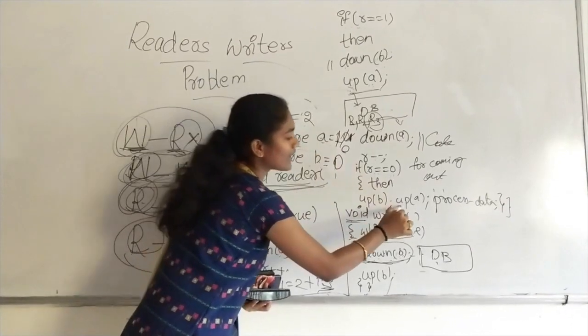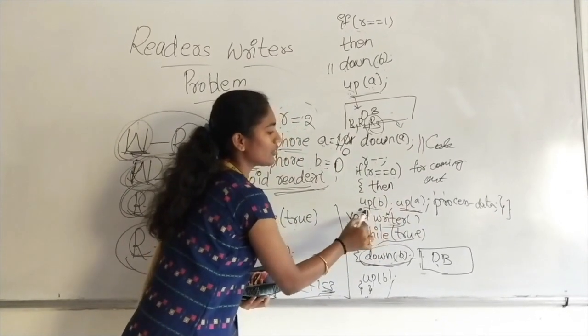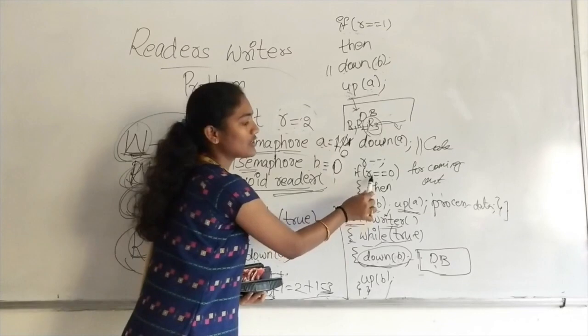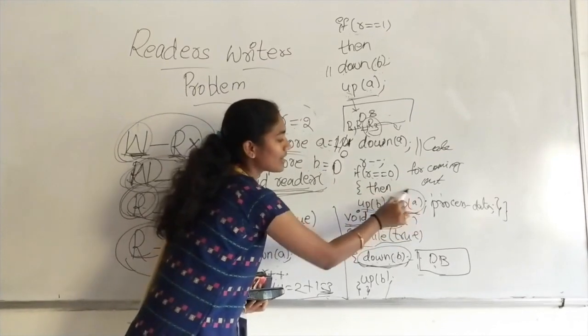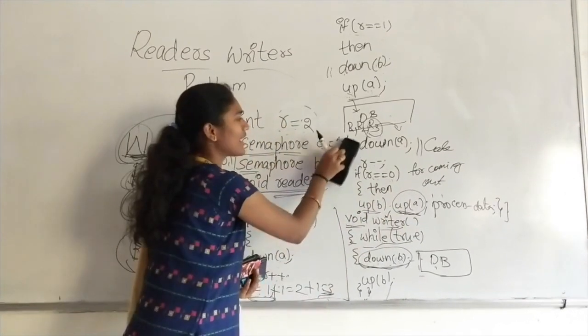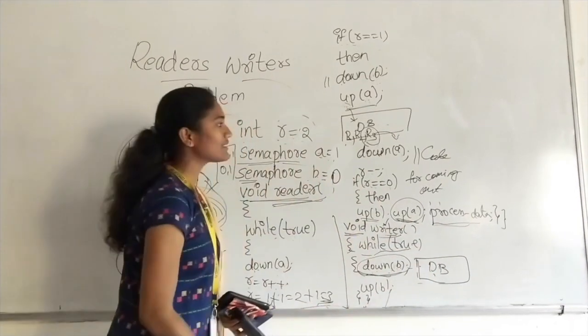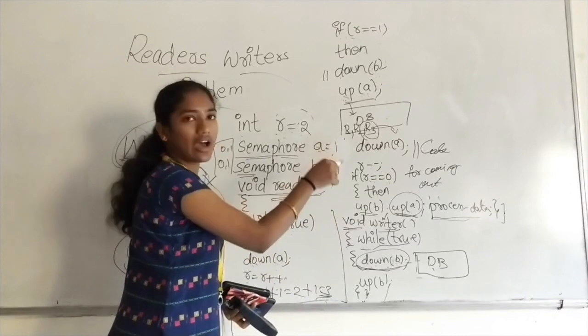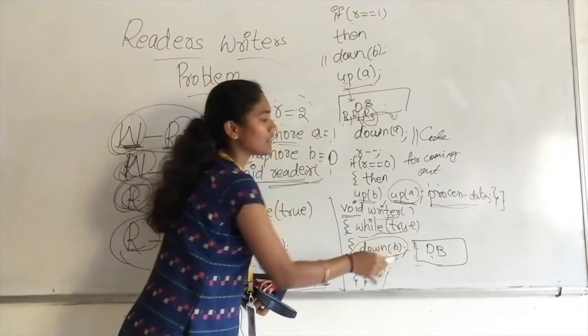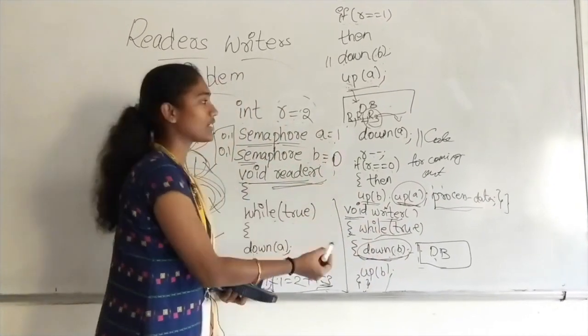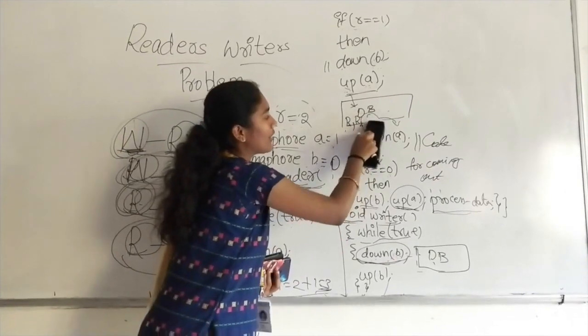If not, then directly it will do this, otherwise it will do this. As we have 2, which is not equal to 0, it will increment the value of a, which is again 1. If r is equal to 0, then it will send the signal to the writer so that he can enter. Now the R3 reader came outside.